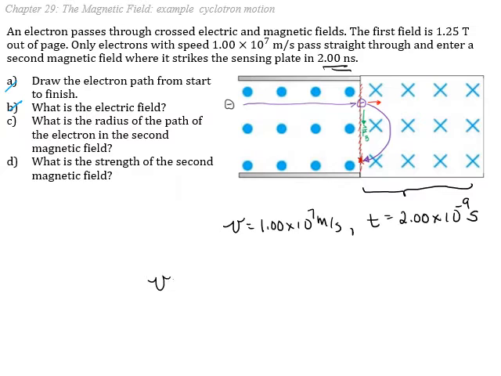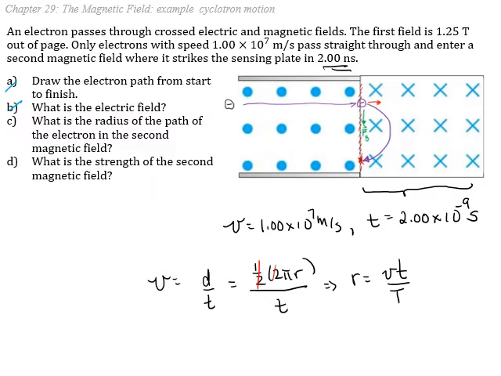If we think about the fact that velocity is distance over time, and our electron travels through half of an arc, that's 1/2 of 2 pi r, divided by time, where r is the radius of the path, that's what we're trying to find. So 1/2 cancels with our 2, and then we can go ahead and solve for r. r is equal to v times t divided by pi.